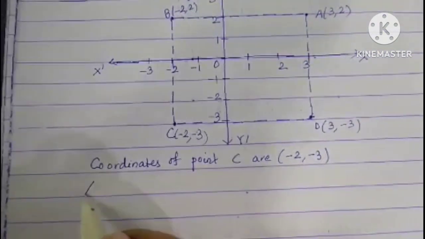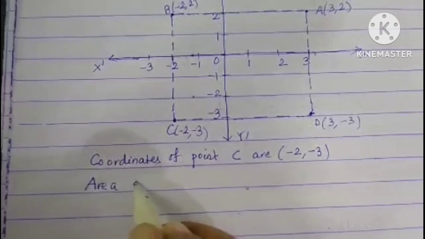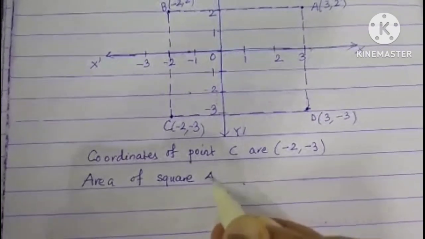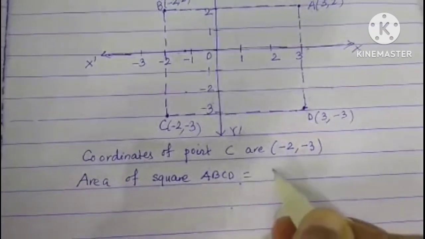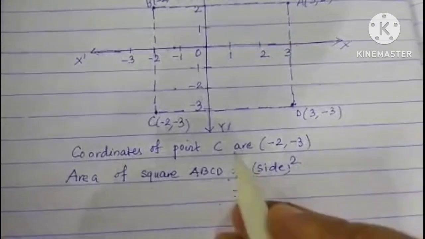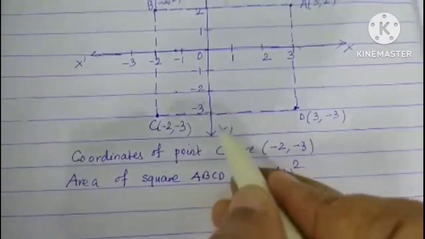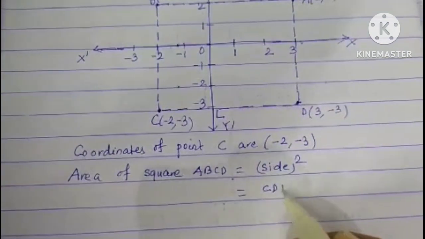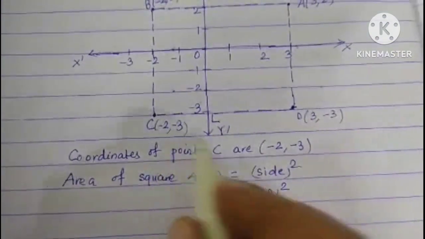Now we have to find the area of the square ABCD. We know that the area of a square is equal to side squared. Let us suppose this side is L. CD is a side, so CD squared. And what is the value of CD?